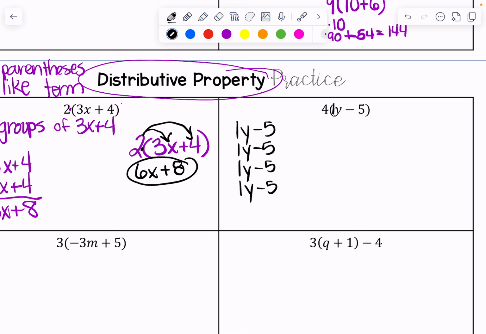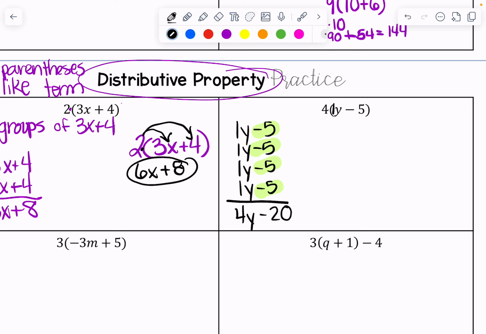If I look at this, 1y, 1y, 1y, 1y is going to give me 4y. And when I'm looking at these constants, I want to remember to look at that sign also. So think of that as a negative 5. So negative 5 plus a negative 5 plus a negative 5 plus a negative 5 gives me negative 20.